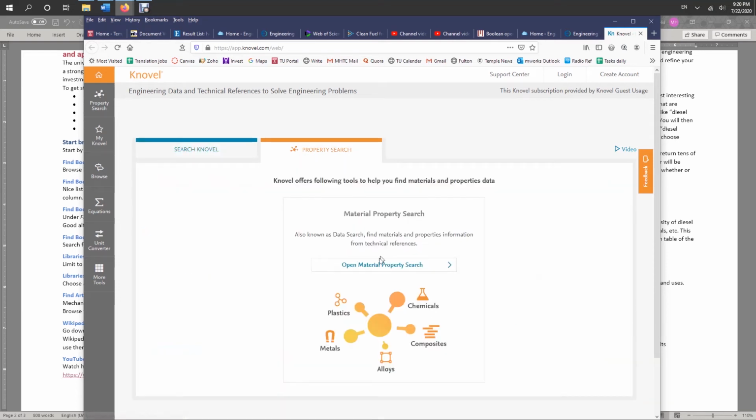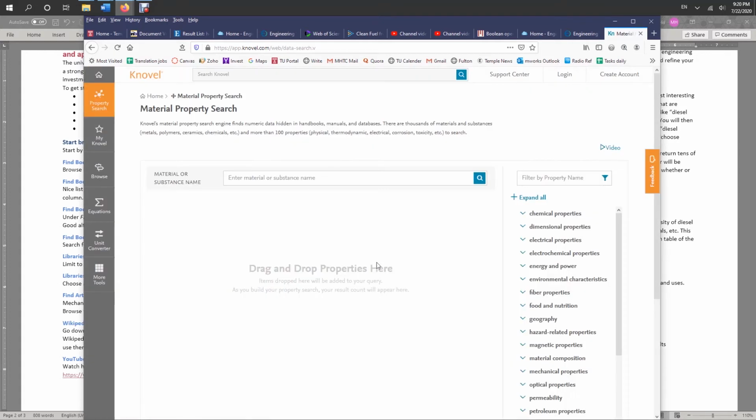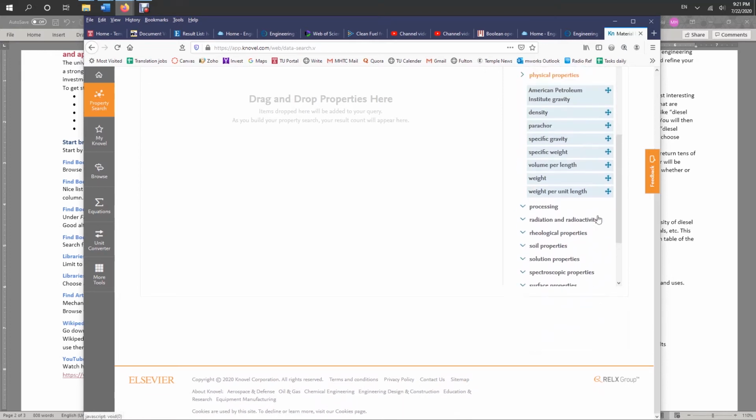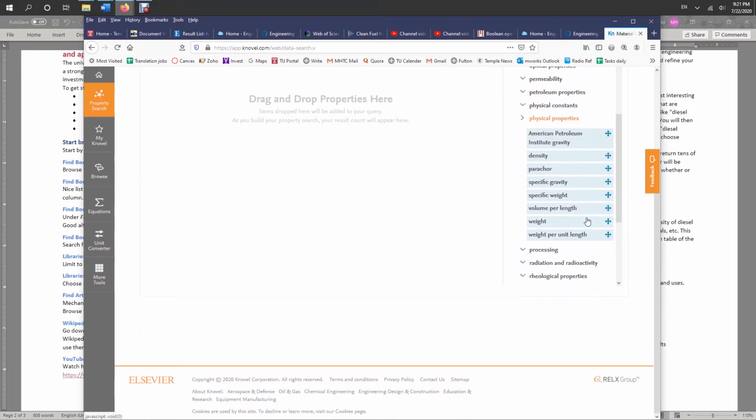Okay, this open material property search. We will need units of measure to measure the engineering problem and to evaluate the candidate solutions. It can be a challenge to find the right units of measure for the problem and the solution. But this is a good place to start to get some ideas on units of measure.